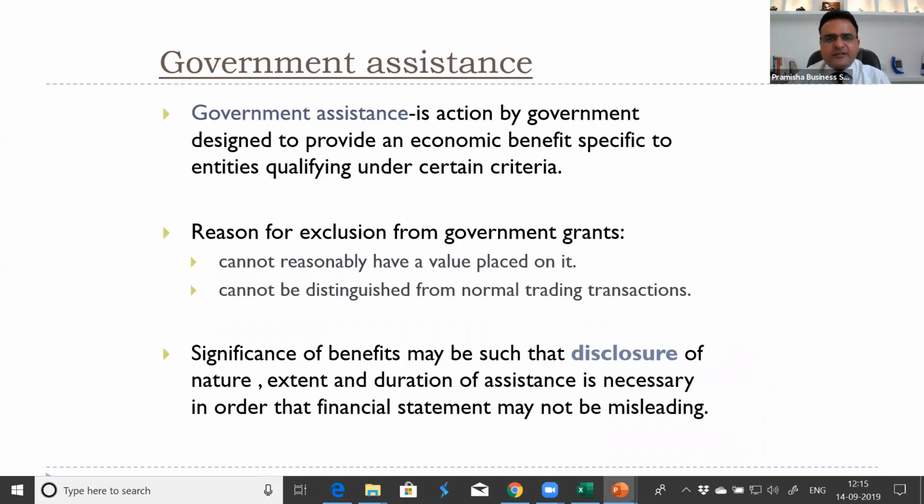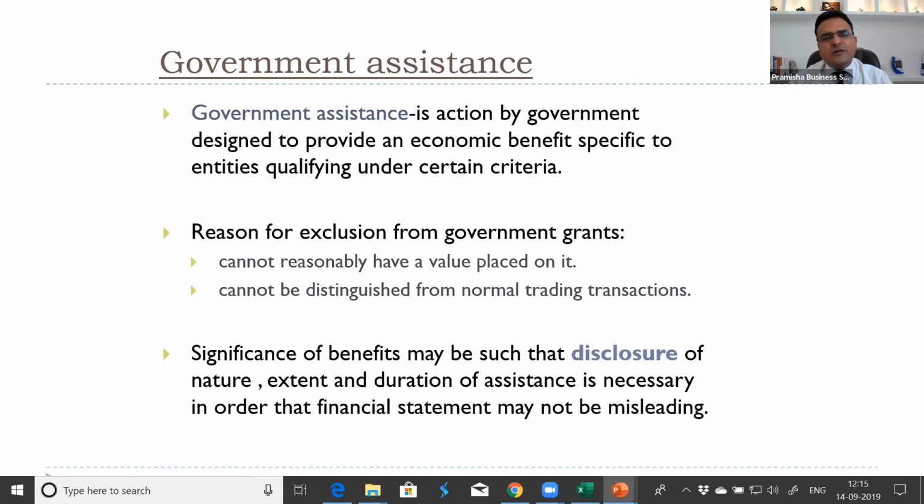How is government assistance different from a government grant? Government assistance does not have any value which we can record. Government grants have a value which we receive, which can be recorded in the books. Government assistance doesn't have any value which could be recorded on the face of the balance sheet. So we disclose in the notes to accounts that we got this support from the government officer who guided us on some technical matters. So there is a farmer who gets guidance from a government agriculture officer who guides on what to produce, what not to produce, what spray to be used.